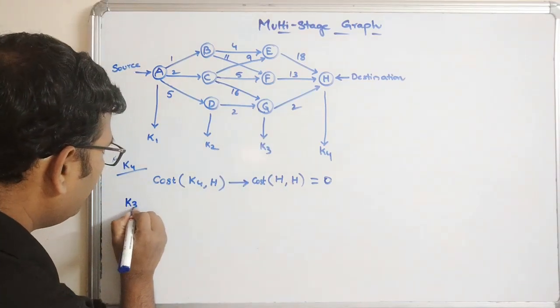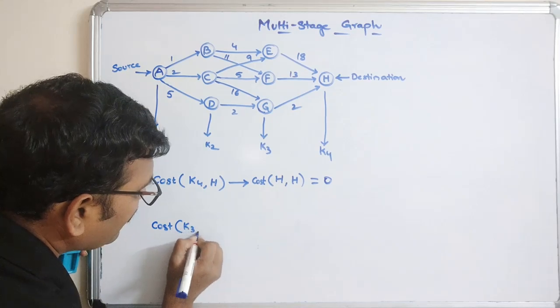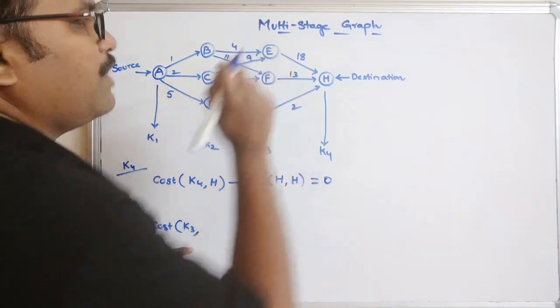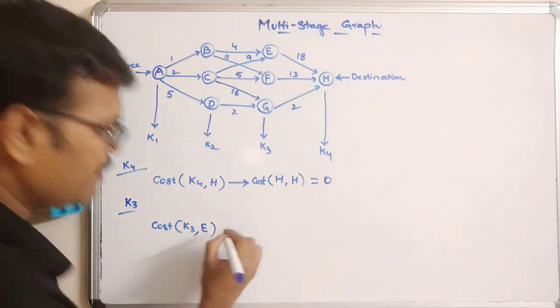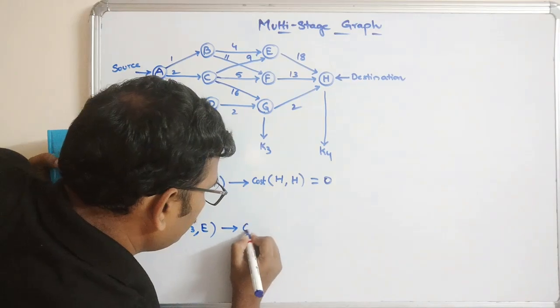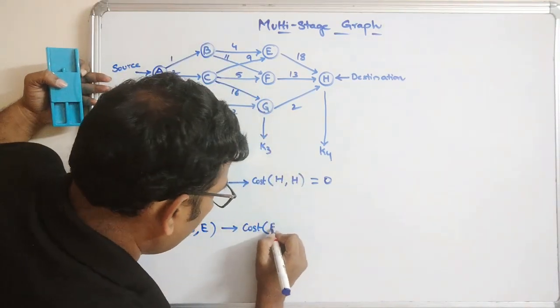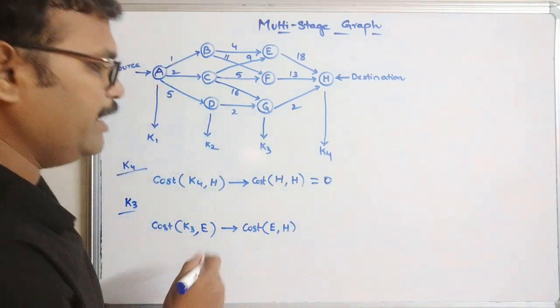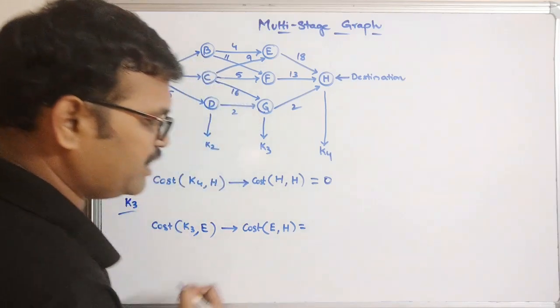So K3, the cost of K3 comma, let us find out for E. So what is the cost of E to destination here?